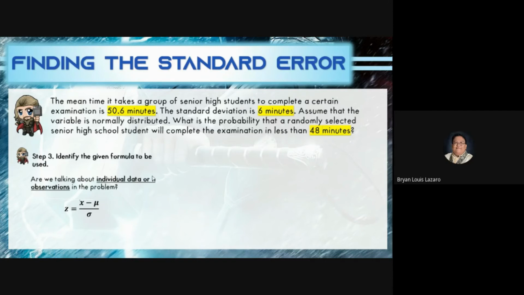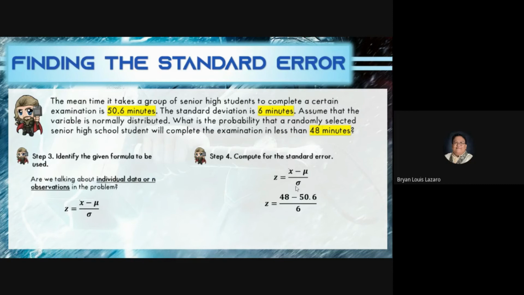Alright, so now let's use the formula to compute for the standard error. So wala kang gagawin kundi mag-substitute. Okay? Our sample mean is 48. Our population mean is 50.6, and our population standard deviation is 6.